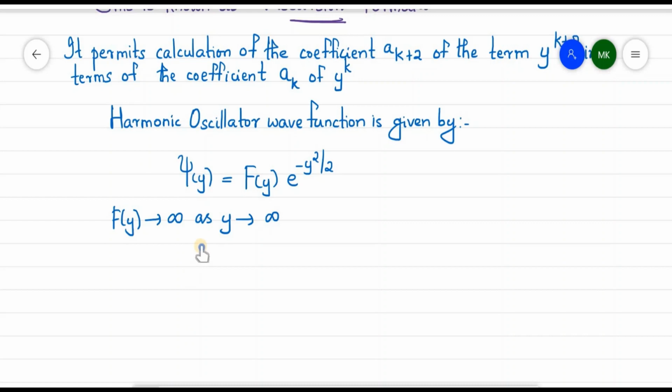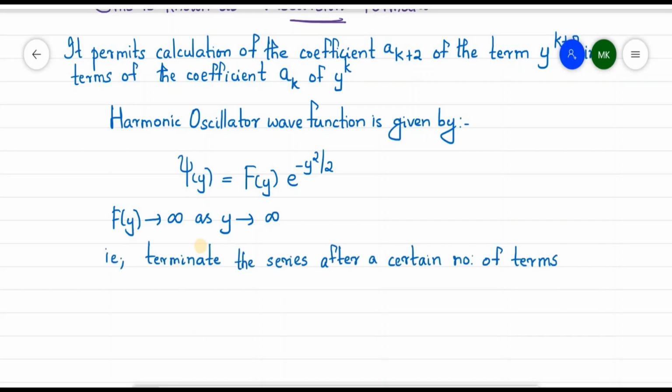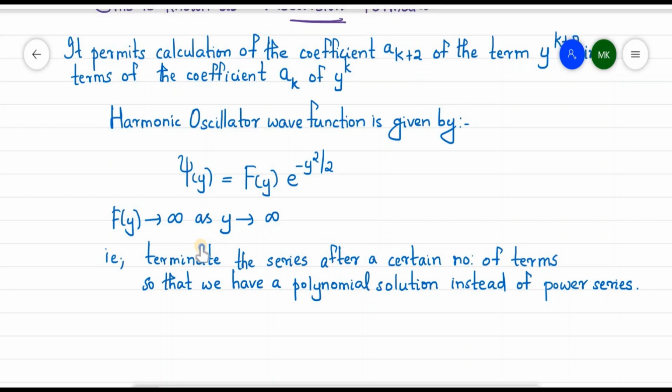So to avoid this difficulty, we have to restrict the number of terms in the series. That is, terminate the series after certain number of terms so that we have a polynomial solution instead of power series.